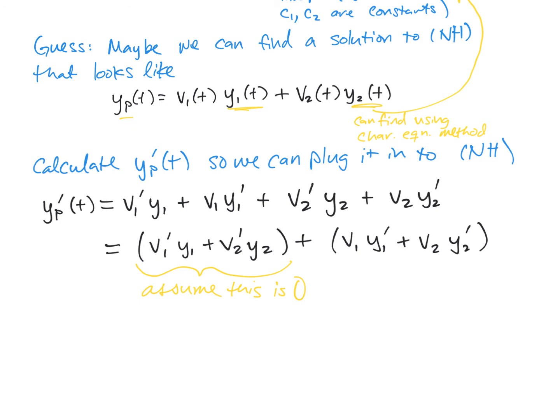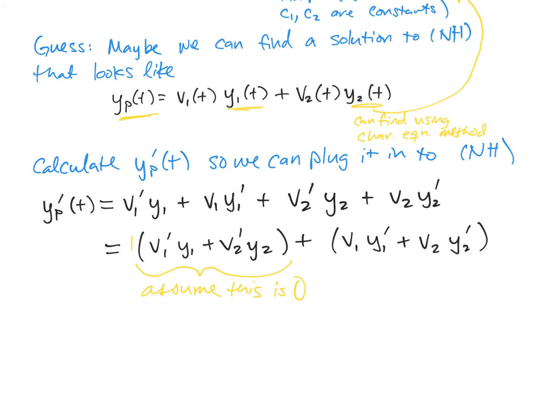And then remember too that we're looking for one particular solution to NH. Just one. There are infinitely many solutions to it, perhaps. And maybe there are some that have this form where this term is not equal to 0. But those aren't the ones that we're looking for right now. We're just looking for one.